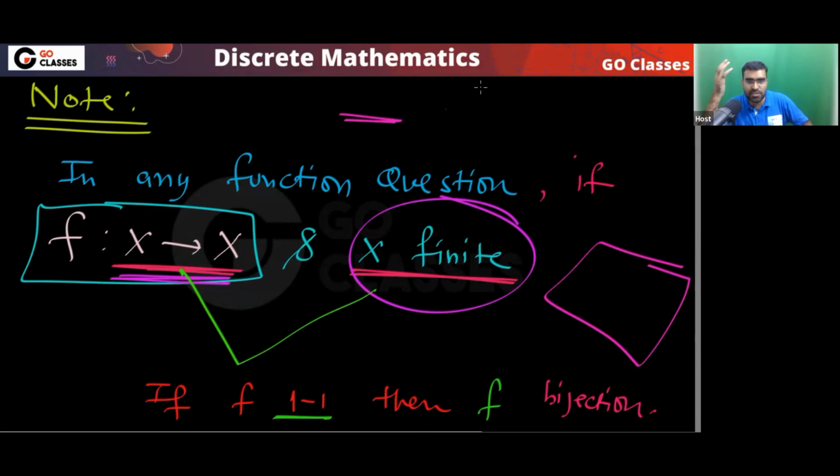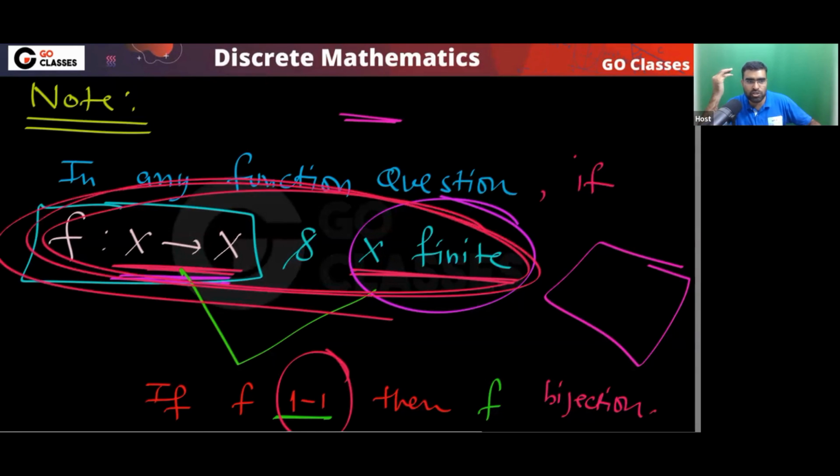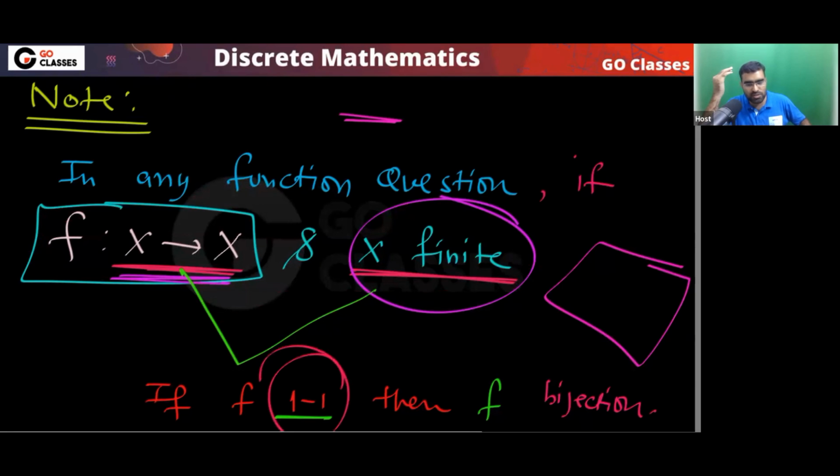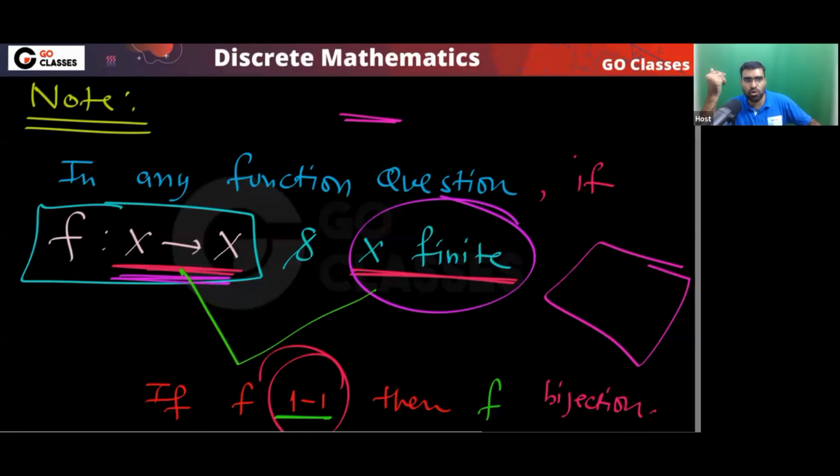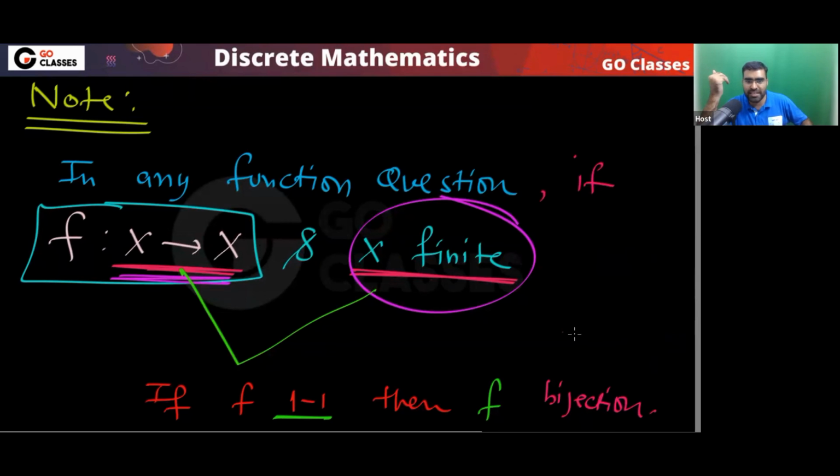It was almost 3 or 4 years ago, when I was in ISC. My answer was different from their answer. The reason is simple: they had given this deadly combo, and this line was given, but I was not using that this function is onto also. After that, I got to know that, okay, this happens.